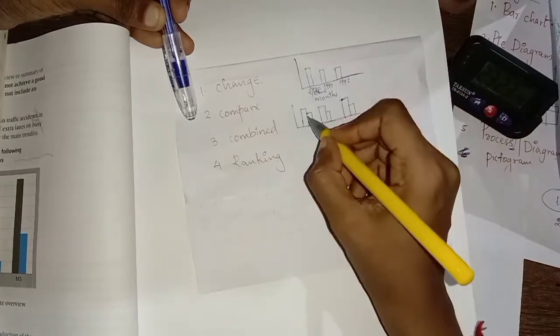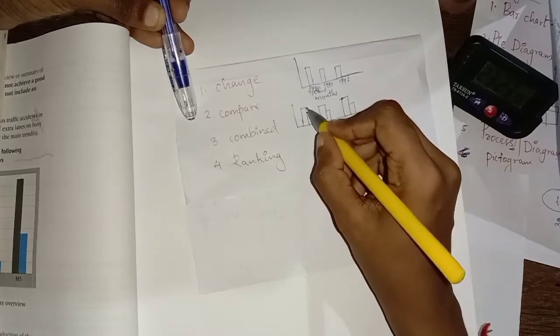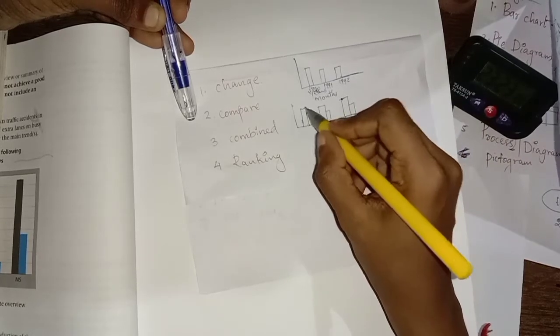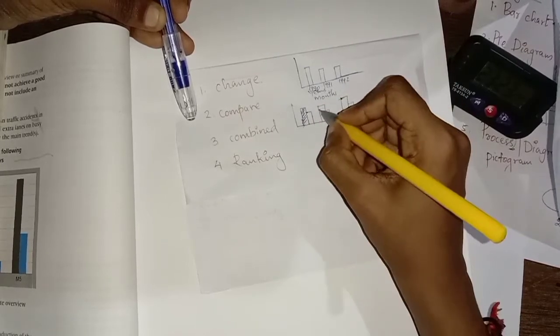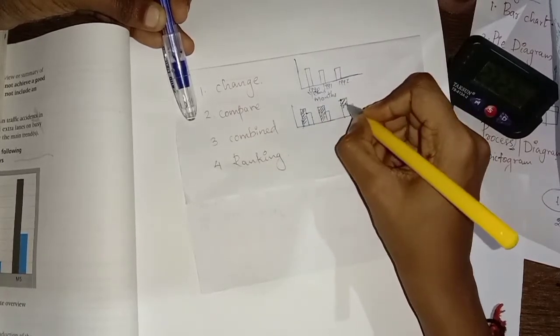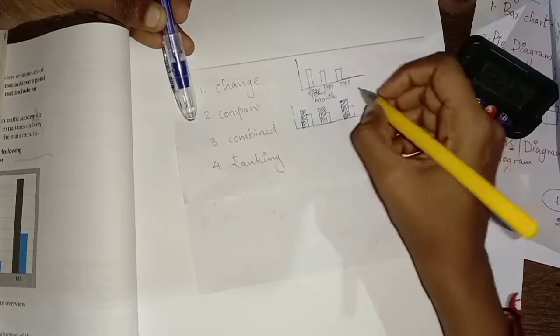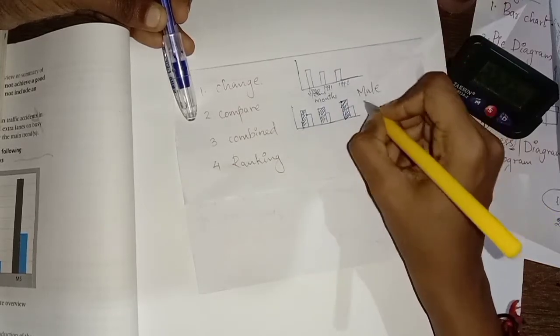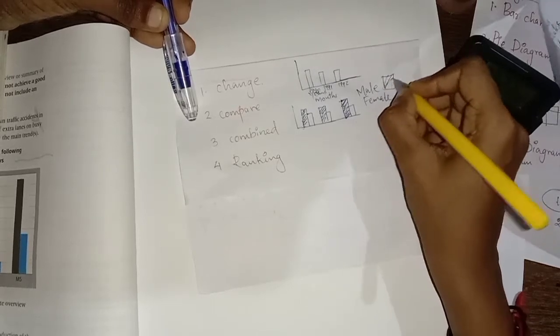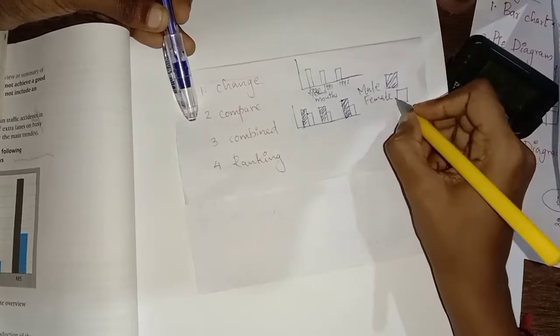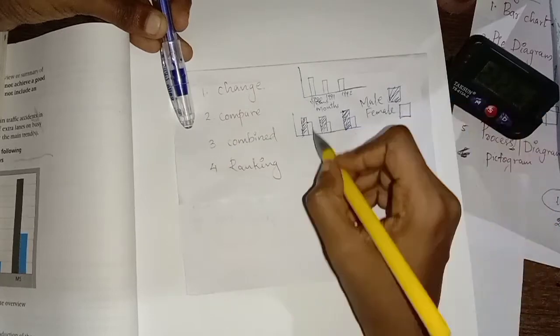So in this type, you know there is data you need to compare. Sometimes this is the male version and this is the female version, with a shaded portion for male and an unshaded portion for female. So this is going to be a compare.